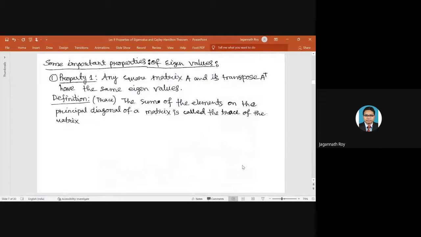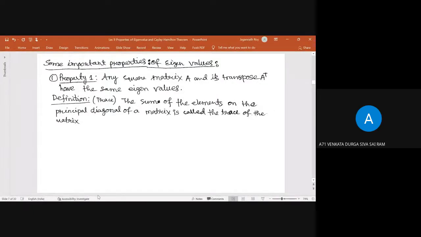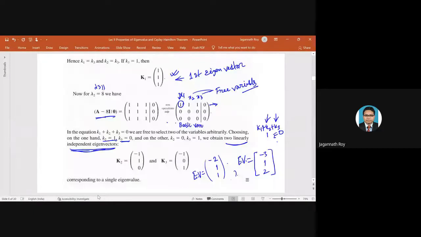Now there are some properties of eigenvectors and eigenvalues. Sir, what are those two linearly independent eigenvectors in that one? We can choose any two. The question is how to choose these linearly independent eigenvectors. If you choose 1, 2, 3, 4 also, you can, because you are free to choose any values.